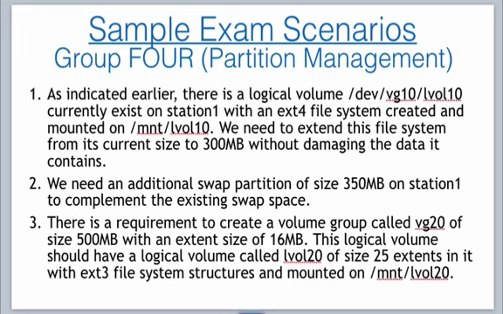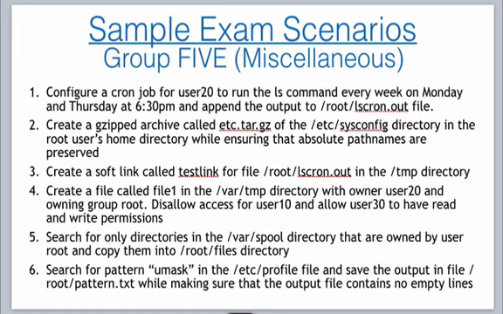Group 4 includes scenarios relevant to partition management. There are 3 items in this group on file system expansion, swap space creation, and a new file system setup. Group 5 contains 6 questions on scheduling a job with cron, creating a compressed archive, creating a link, setting ACLs, finding files, and searching for text.